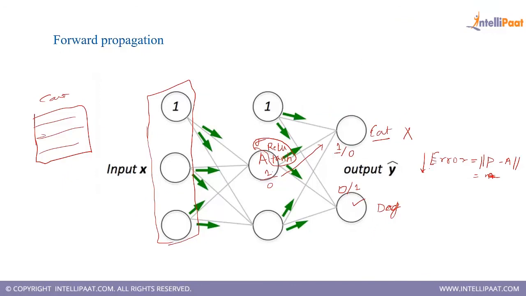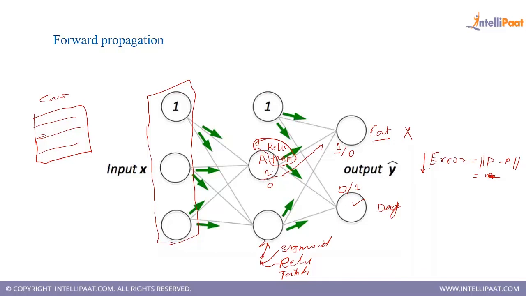Each neuron will be activated with some activation function, either sigmoid, ReLU, or tanh, whatever it might be. Based on the coding you do, it will be activated with these. Generally people use ReLU. It depends on whatever we are doing.